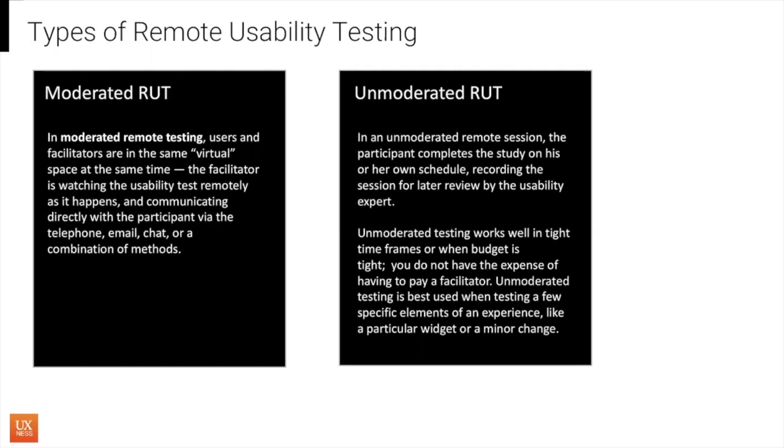Unmoderated remote usability testing is really good when you are in the very initial stages of product conceptualization, where you just have to analyze the concept, or go for initial level feedback.